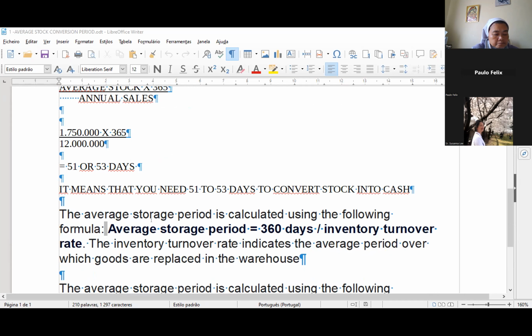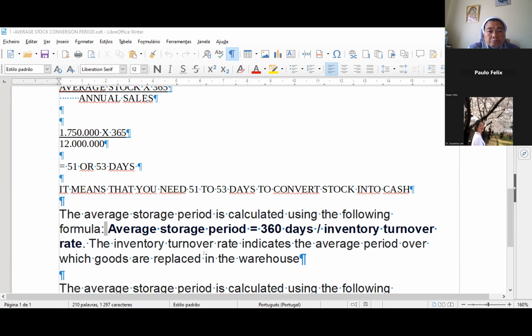Then the average storage period is calculated using the following formula. Average storage period is equal to 360 days divided by the inventory turnover, or the annual sales rate.